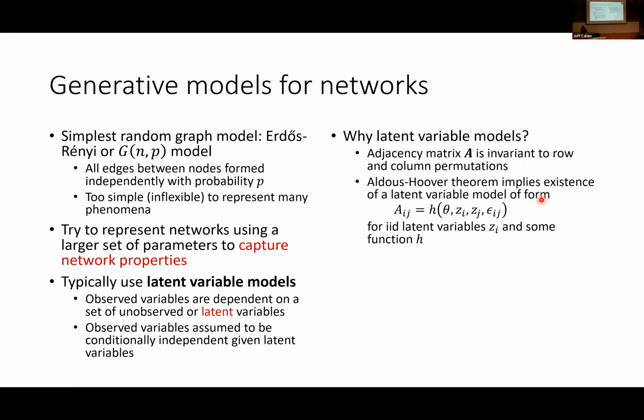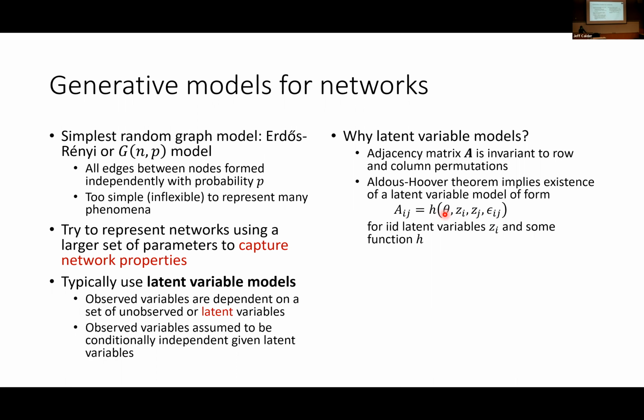And there's this theorem from Aldous and Hoover that implies the existence of a latent variable model of this form, which says that your adjacency matrix entries, Aij, there exists some function H that's a function of these independent and identically distributed latent variables, Zi and Zj for i and j, and then you have some variable that is a function of both of these, and then you have some variable that is not a function of either, so some fixed variable.